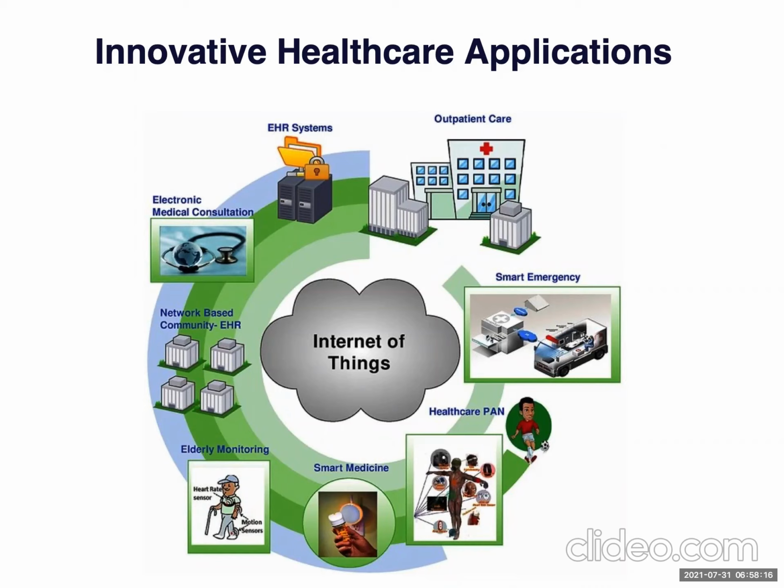We should be able to provide services to elderly people at their homes, smart medicine in different areas, and smart emergency systems. As you can see, the heart of it is the Internet of Things, where we sense and get information, integrate information of different natures, and then use it for decision making and discovering new insights in healthcare patterns.